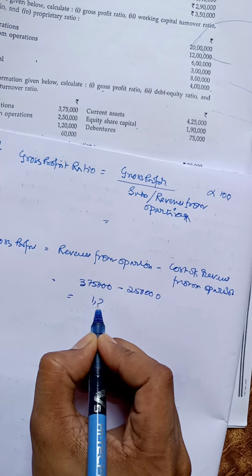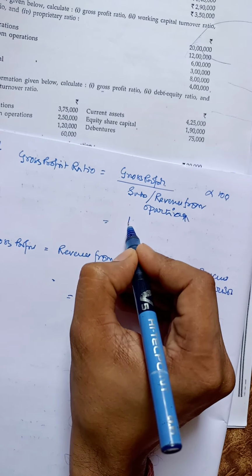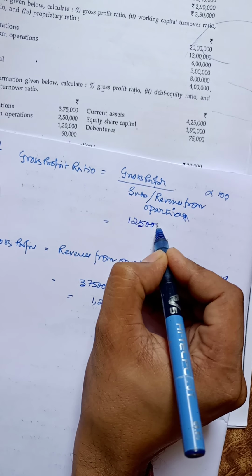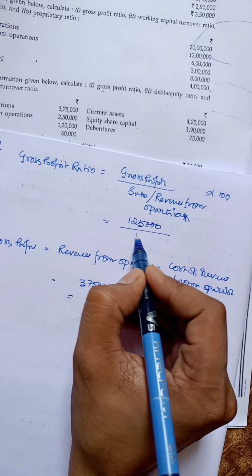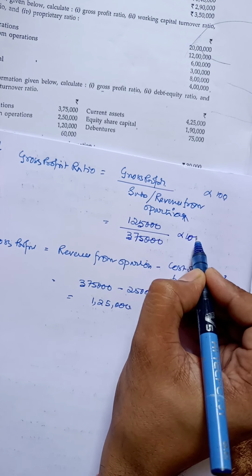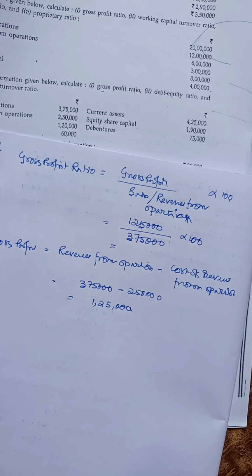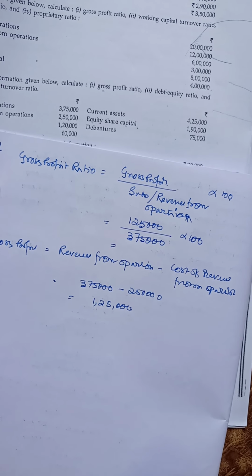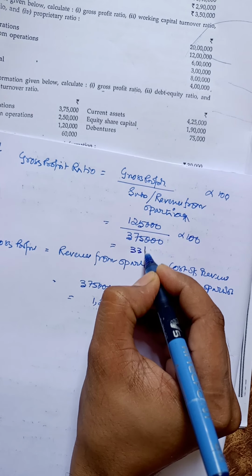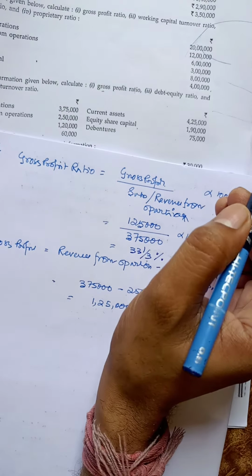So as a result our gross profit is 1,25,000. So easily we can find the GP ratio, that is 1,25,000 divided by our revenue from operation 3,75,000 into 100. As a result, 33 and 1/3%.